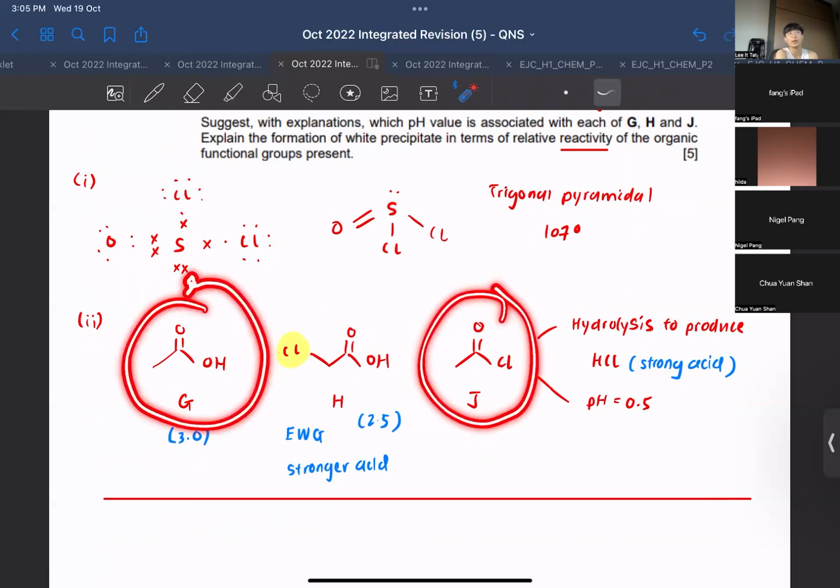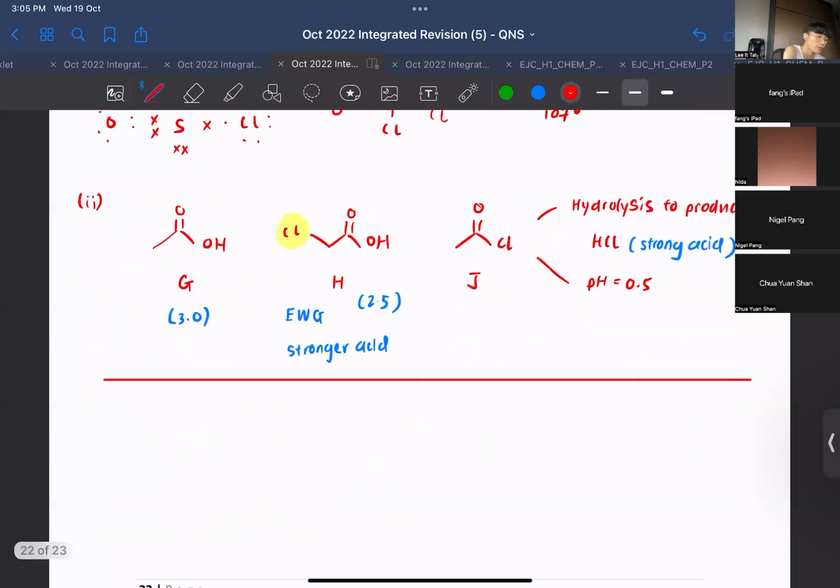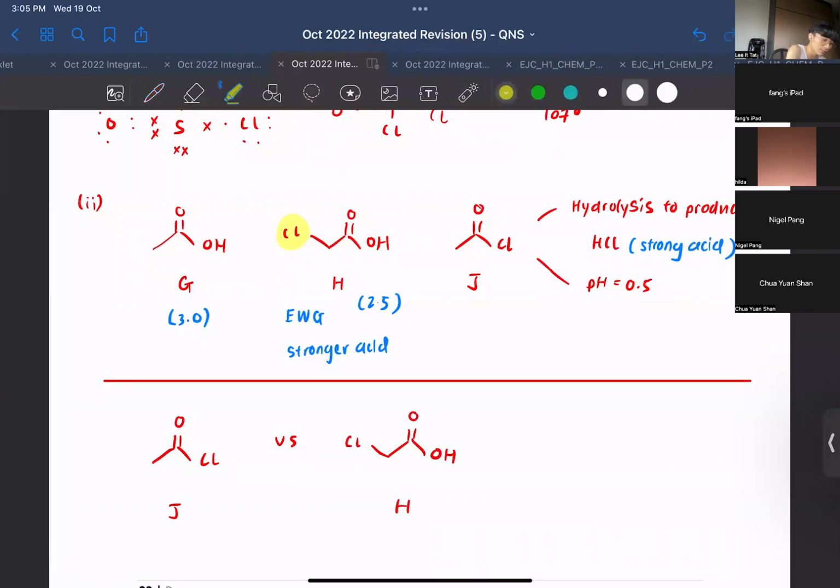You shouldn't be comparing an acyl chloride versus a carboxylic acid. Remember, when you compare the reactivity of chlorine-containing compounds, we are actually comparing between J, acyl chloride, and H. It's not about the carboxylic acid here, but about this part of the molecule, acyl chloride versus alkyl chloride.